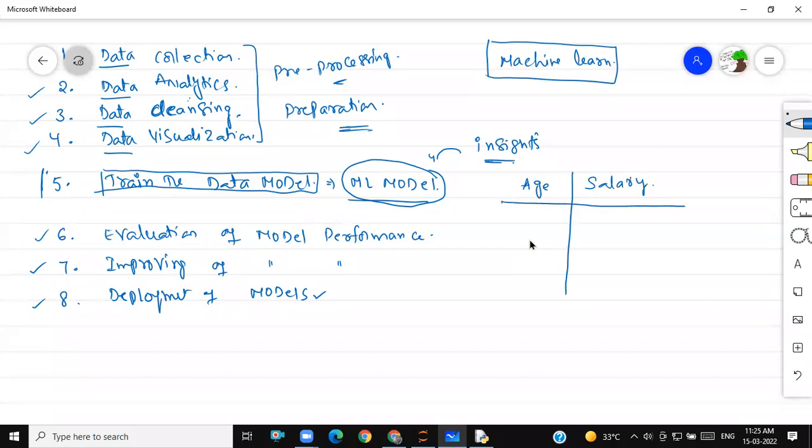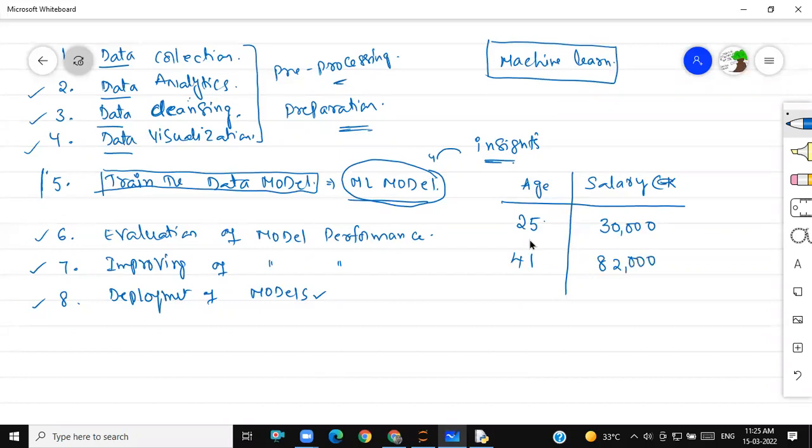Just have a look at this. What is the meaning of techniques? There is the age of a person, which is 25. His salary, let us say in K, is 30,000, for example. A person who has an age of 41, let us say his salary is 82,000.